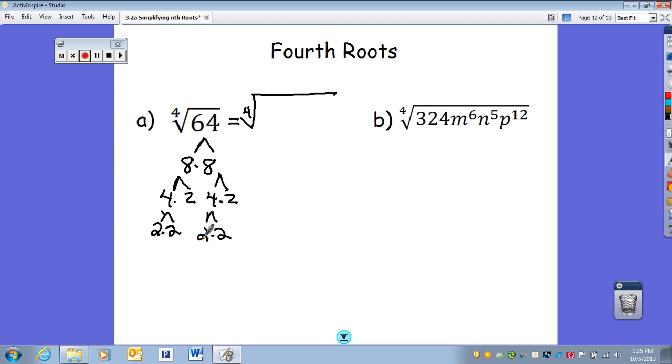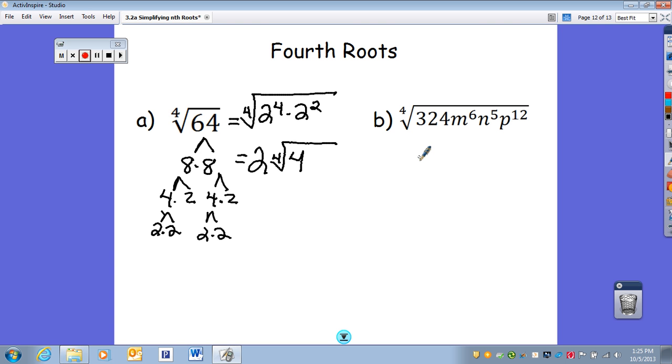So I have 1, 2, 3, 4 2's, so that's going to be 2 to the fourth power. And I have 2 2's left, so that's going to be 2 to the second. So the fourth root and the fourth power are opposite operations, so the 2 can come out, but we still have some underneath that can't be simplified, so I have my fourth root, 2 squared, 2 times 2 is 4.